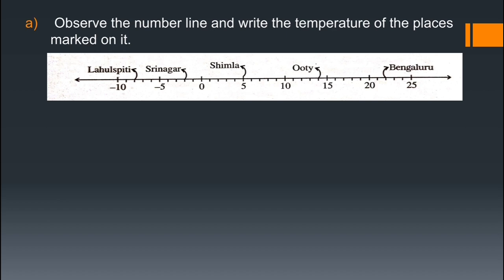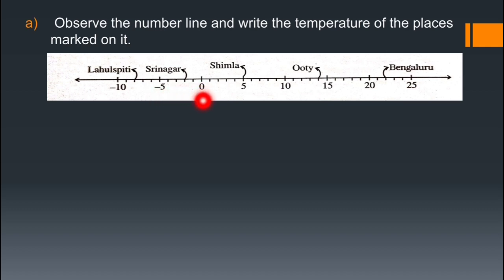So first of all we have to observe this number line. Students, you can see that in this number line integer 0 is placed here. And we also know that all the numbers on the right hand side of 0 are taken as positive integers and the integers on the left hand side of 0 are taken as negative integers.